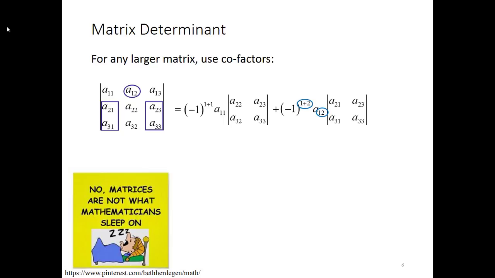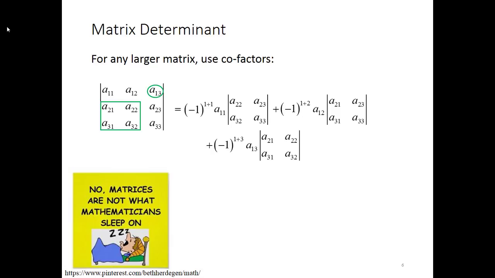Continuing on, we move to the next term, A12. Its cofactor consists of A21, A23, A31, A33. So we have the product of A12 with the determinant of A21, A23, A31, A33. And out in front of that, we get -1 to the 1 plus 2 power, so that's to the 3rd power.